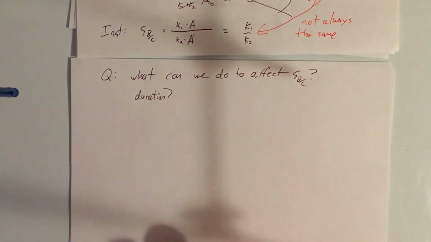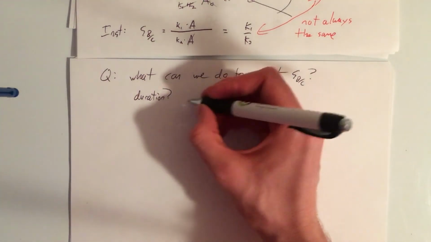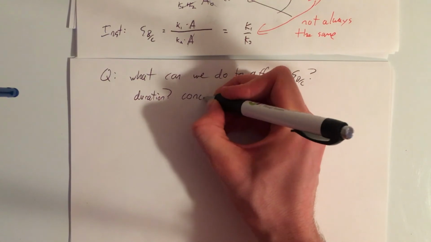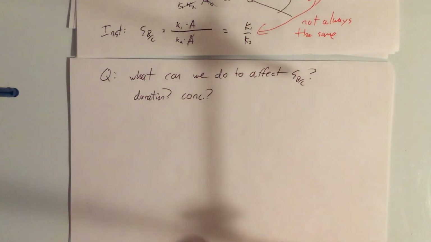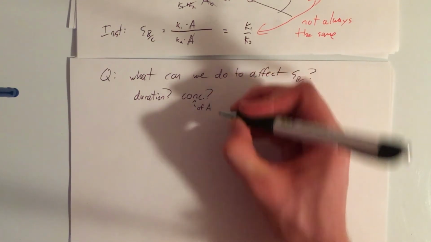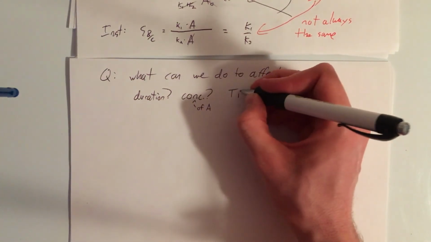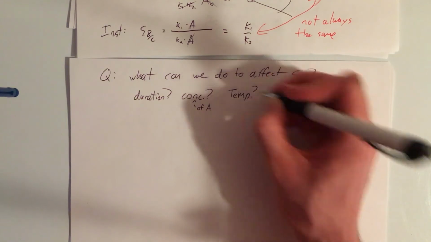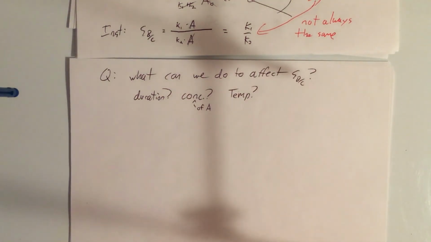So could we change the duration that we let the reaction go on for? Can we change the concentration of A? Can we change temp? Which of these would affect it?